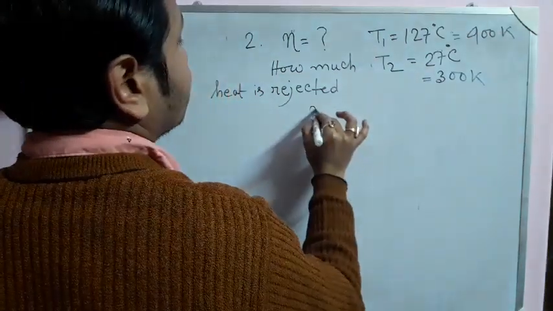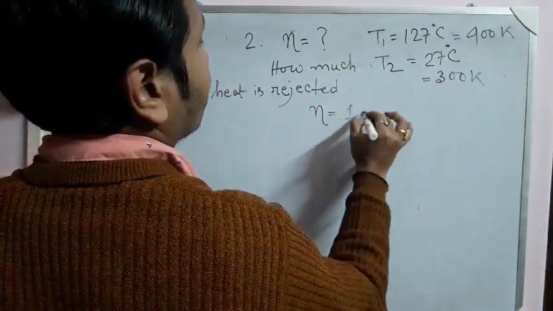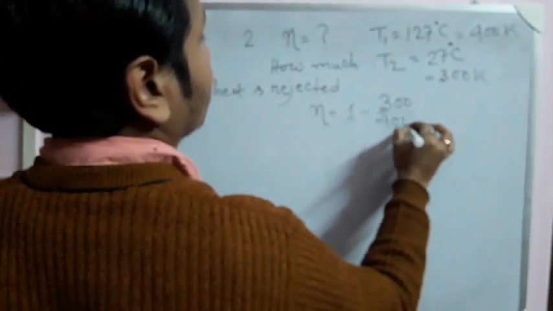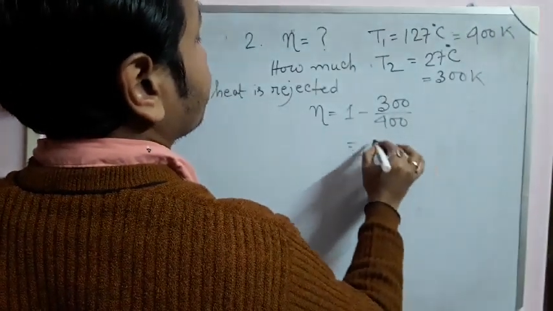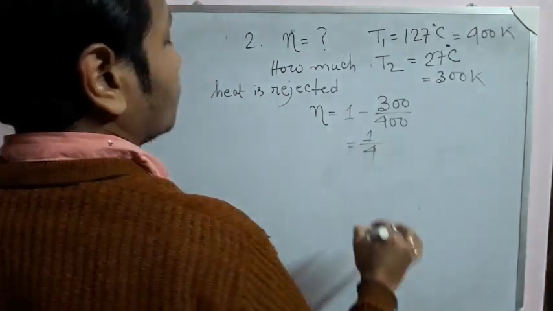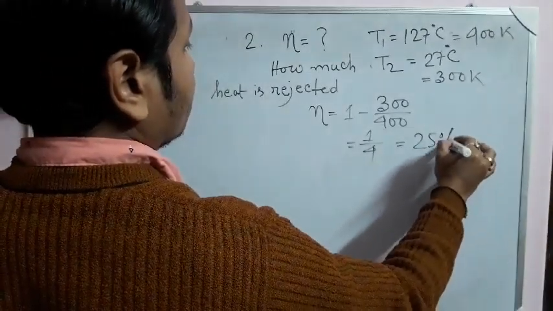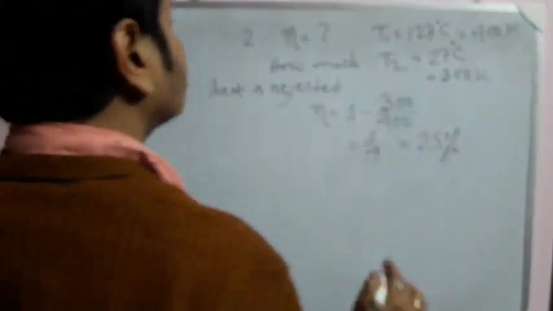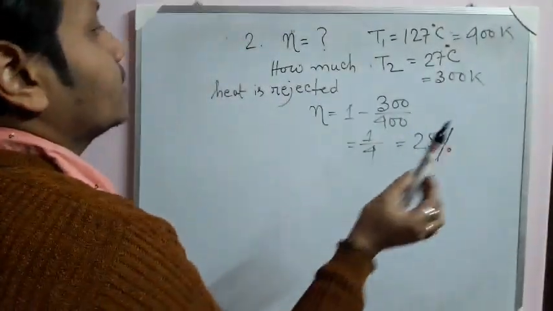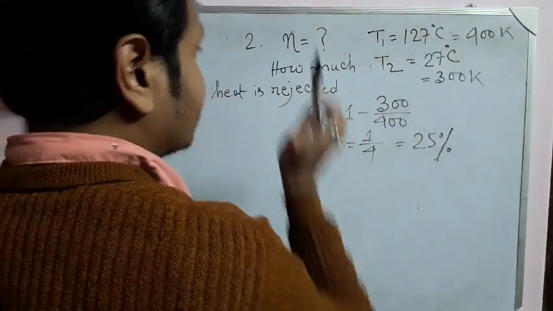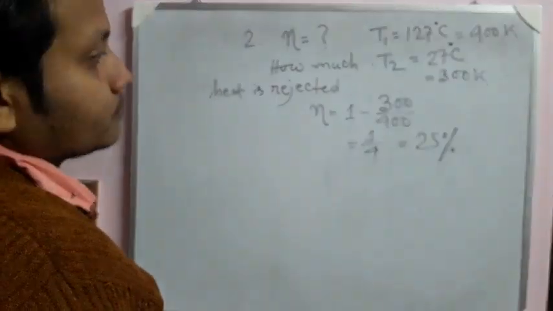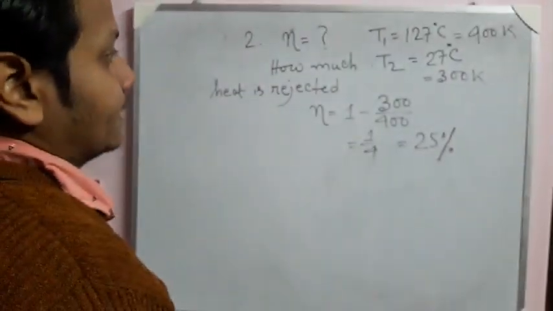So we can easily find out the efficiency, 1 minus T2 by T1, that is 300 by 400. So this will be 1 by 4, or in terms of percentage, that is 25%. So this is the efficiency. Now you have to find the second thing, how much heat is rejected.